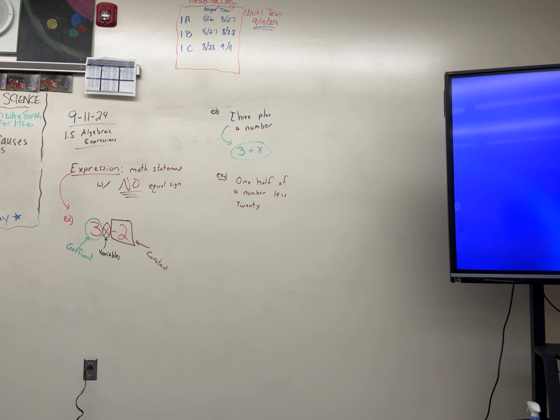Try to find some of the math words from there on your sheet. And once you have them, tell me what they are. So 1/2 of a number less 20. Where do you see any of those words on that sheet?